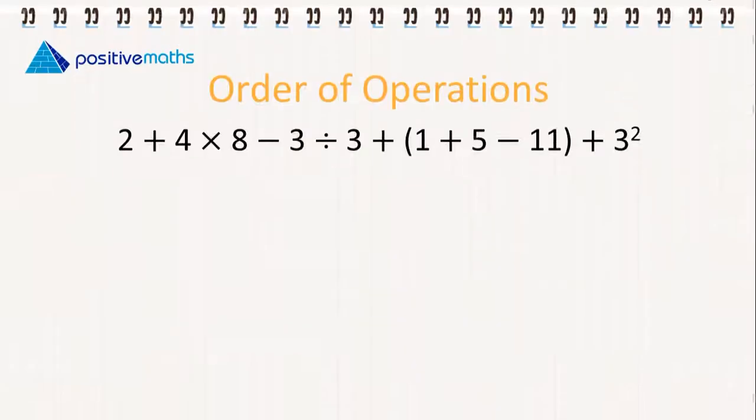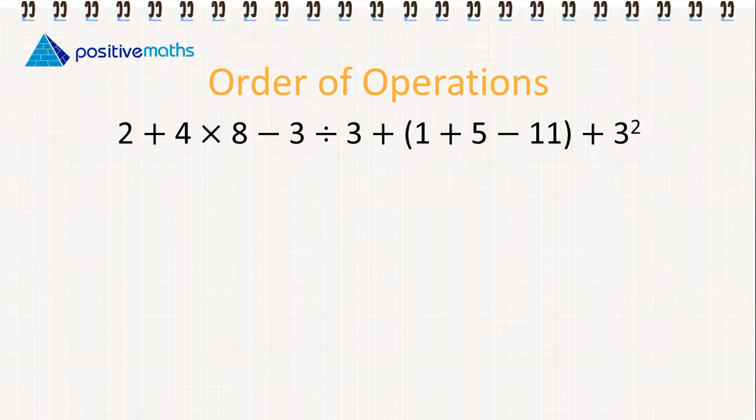Let's see what this means in practice. Let's take this long list of numbers here. We need to decide what we're going to do first. So the order of operations, our PIMDAS, will help us. I'm going to write it just along here at the top. We're going to check our first one. Do we have brackets? Yes, we do.